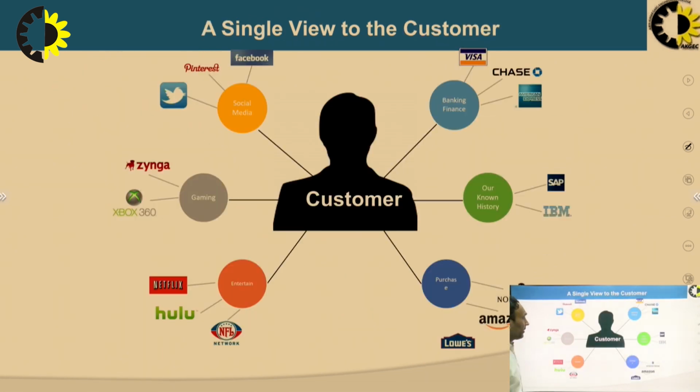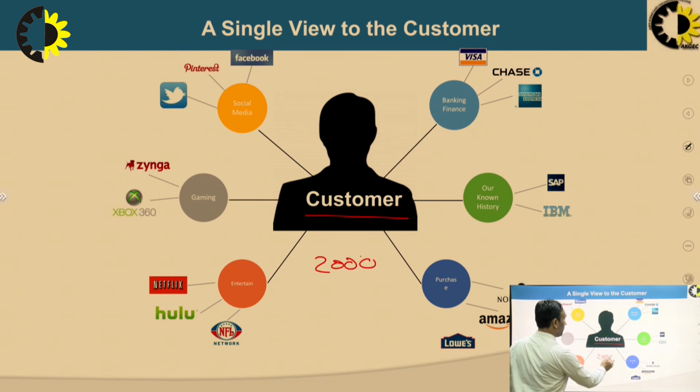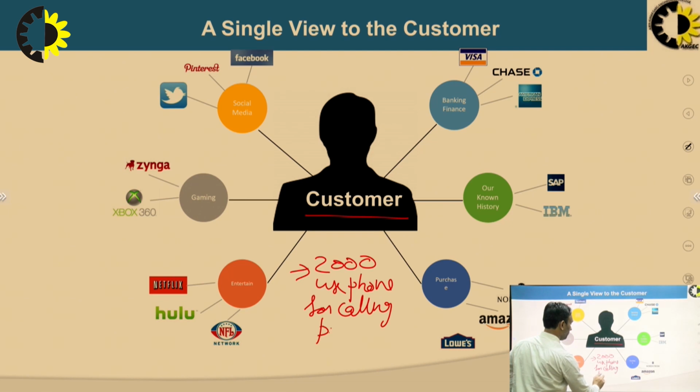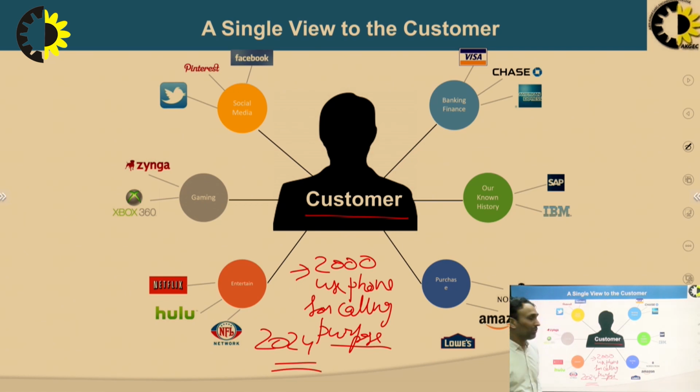If we talk about a customer or a user in 2000, the user only used a phone for calling purposes. But nowadays, in 2024, in today's scenario, a single user uses different sources of data or generates different data that may be useful for analysis by any organization.